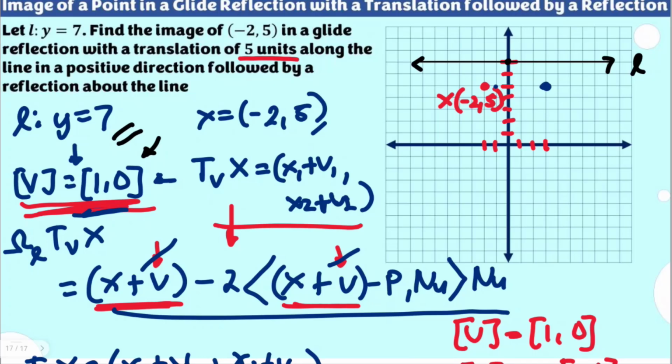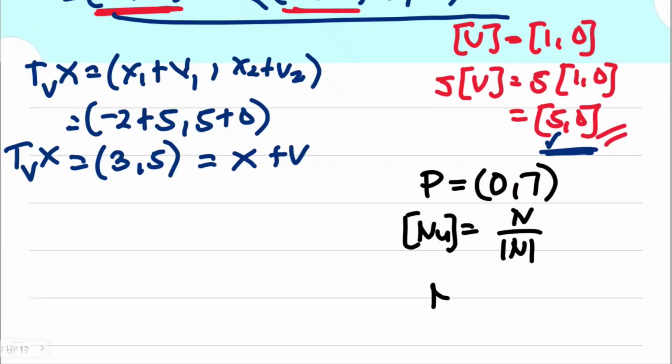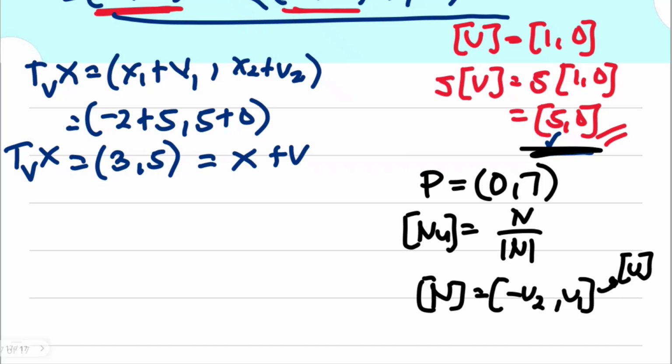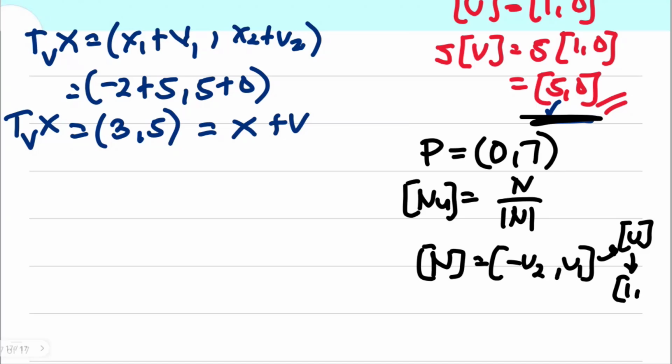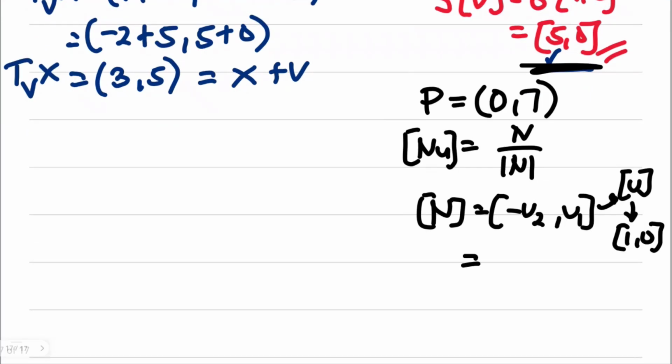But the normal vector has the components of negative v sub 2 and v sub 1 in relation to our vector v. Since our vector v is identified as 1 and 0, our normal vector is negative of 0 and 1, or simply 0 and 1.